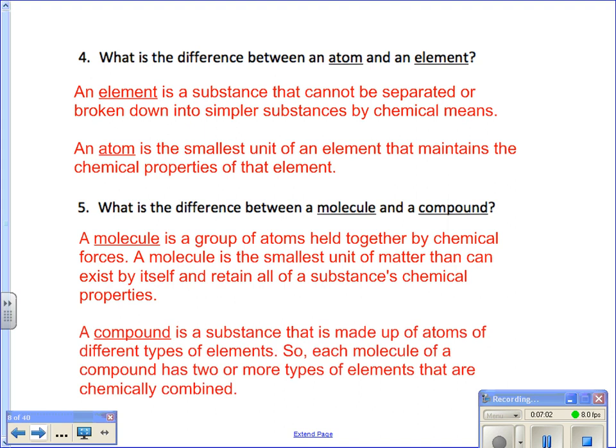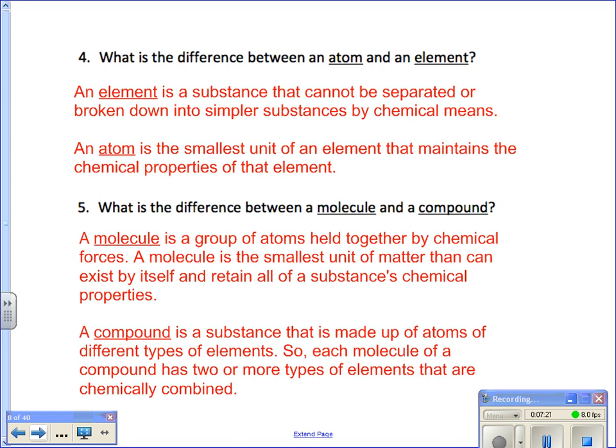A compound is a substance that is made up of atoms of different types of elements. So each molecule of a compound has 2 or more types of elements that are chemically combined.